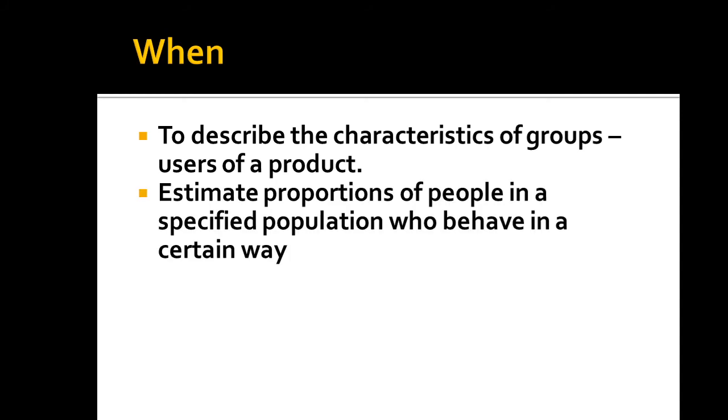And when you want to estimate the percentage of people in each specified population who behave in a certain way, as I told you, take the example once again of shoe size. What is the shoe size of men and women? So I'm estimating that proportion.